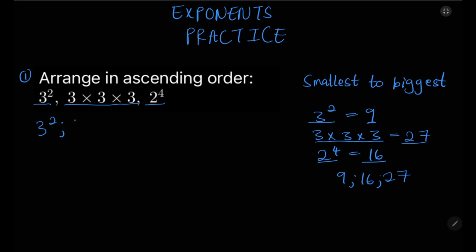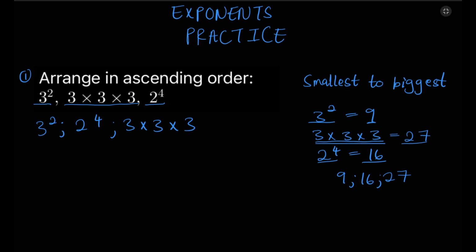So this should be 2 to the power 4, followed by 27. 27 is 3 times 3 times 3. So this should be 3 times 3 times 3. And that is how we solve in ascending order.